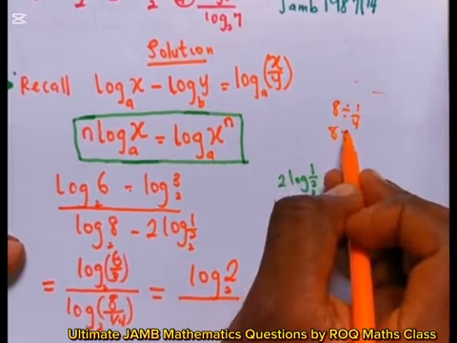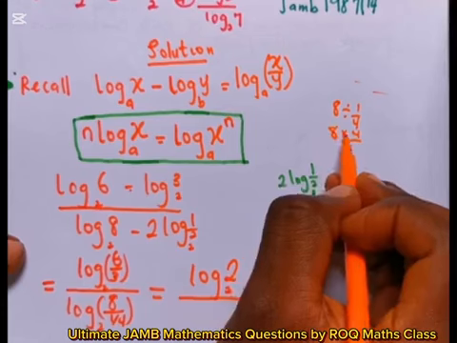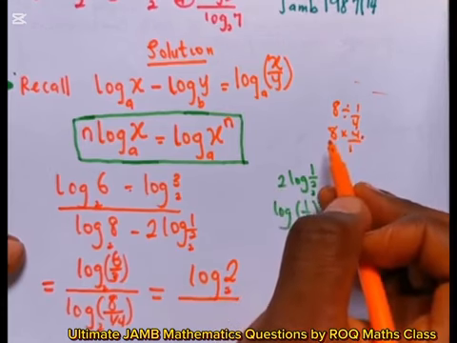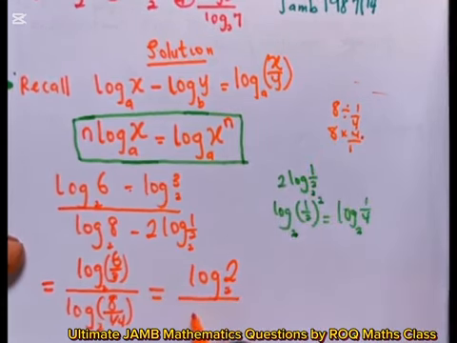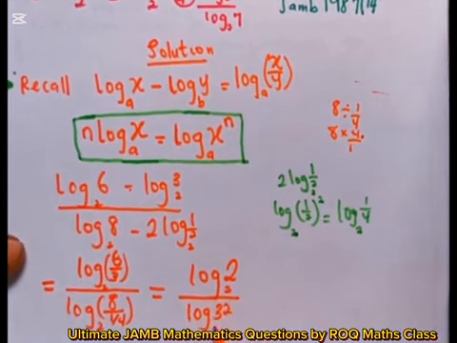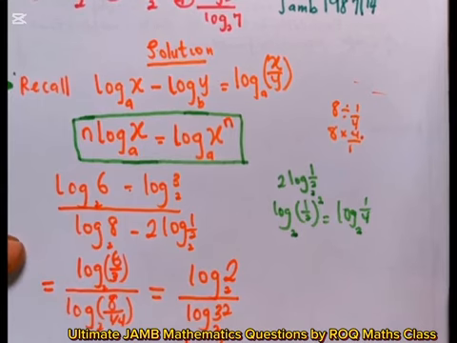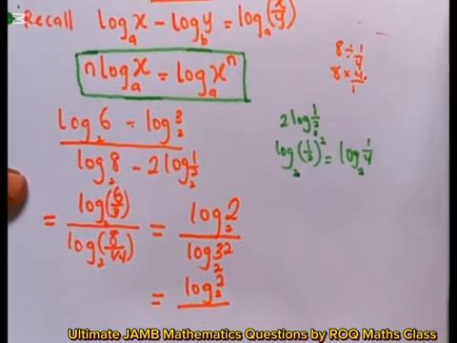This is 8 times 4 over 1. 8 times 4 is 32. So I have the log of 32 base 2. And also, this can be written as the log of 2 base 2 over the log of 32 base 2.